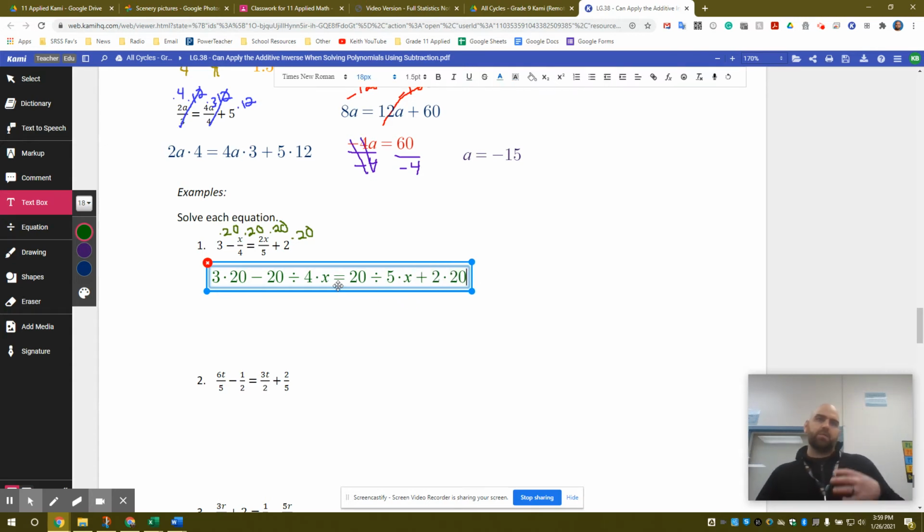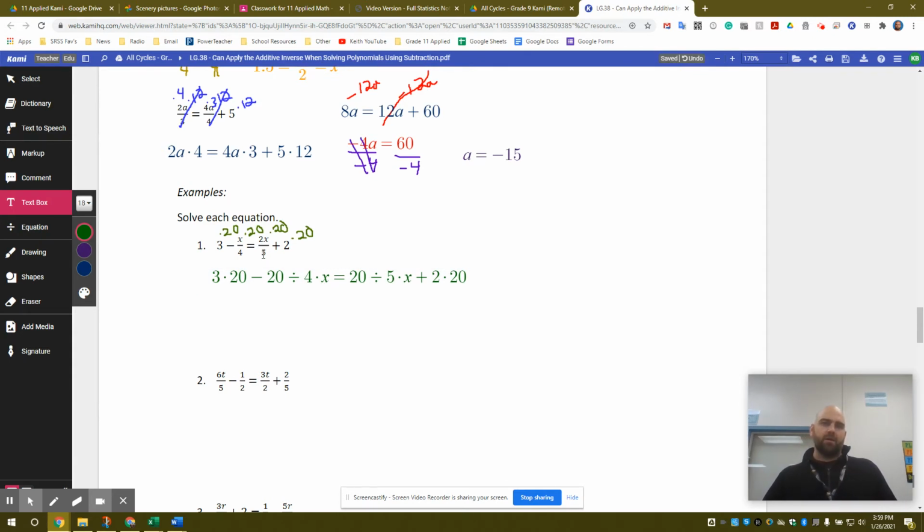We're multiplying everything by 20, but to get what we're actually multiplying by, we need to divide by our denominators first.